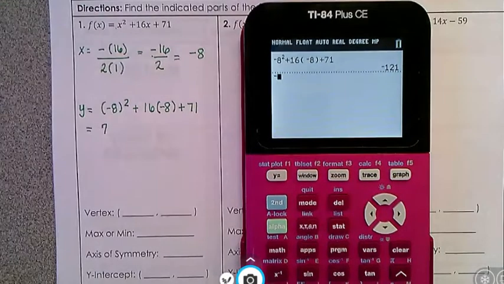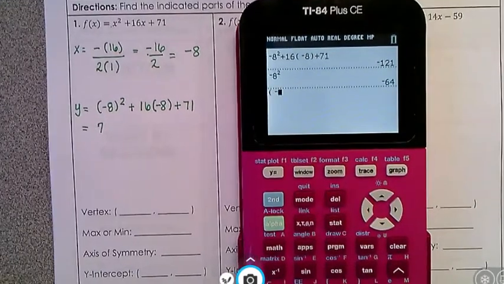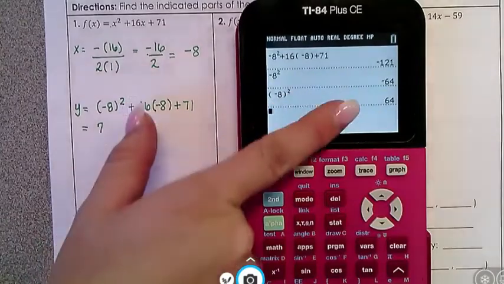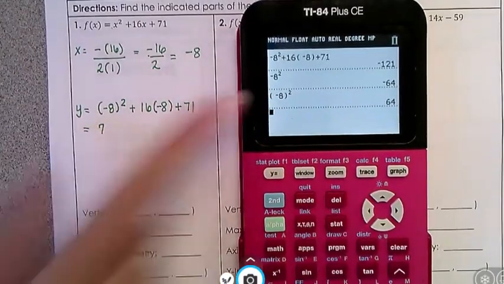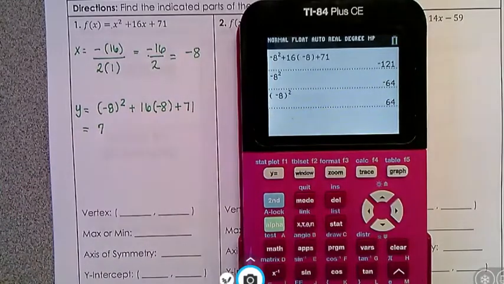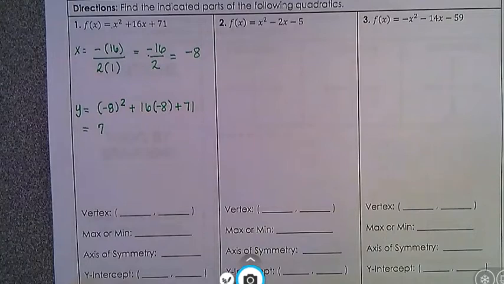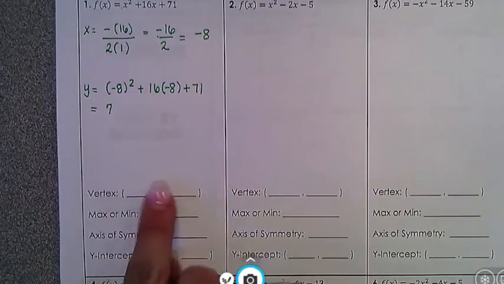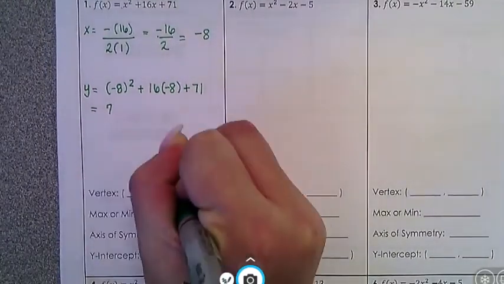And remember, you're going to get a different answer if you put parentheses and if you don't. The one with parentheses is the correct one. So that's why I prefer using the store button. You don't have to worry about parentheses. So the vertex is negative 8, 7.